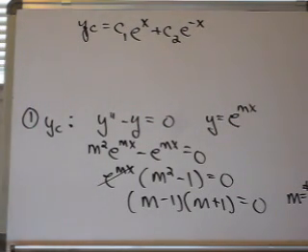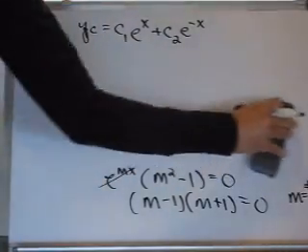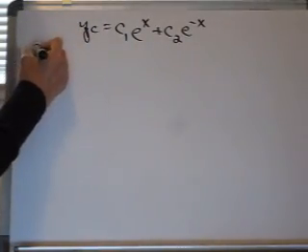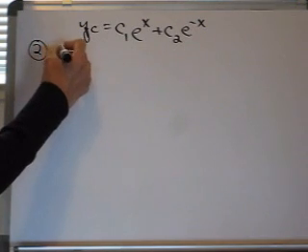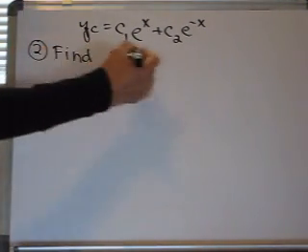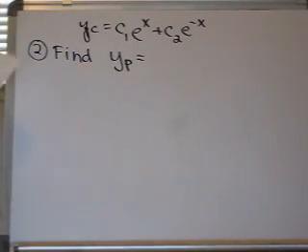The next thing that I need to do is to find a particular solution to the non-homogeneous differential equation. And I'm going to use undetermined coefficients to do that. So step 2 is to find a particular solution yp. Remember we assumed that the yp will look like the non-homogeneous part of the differential equation.